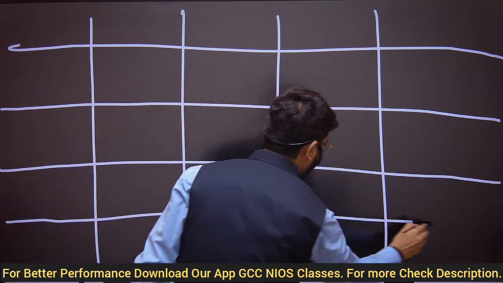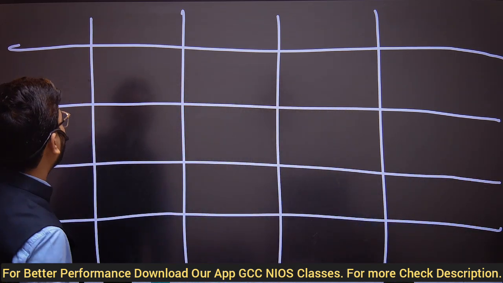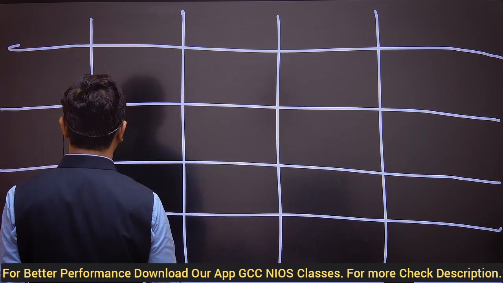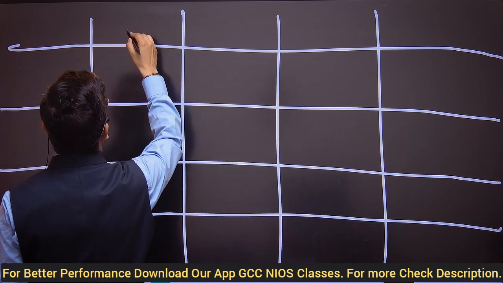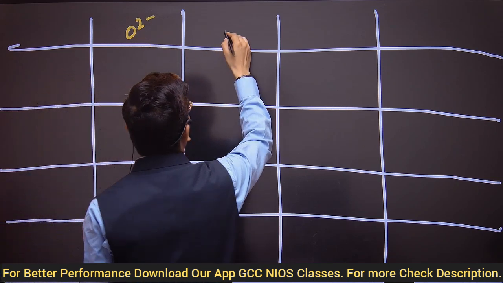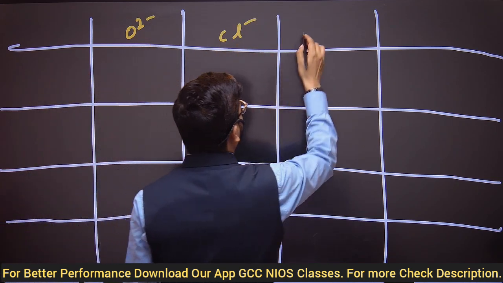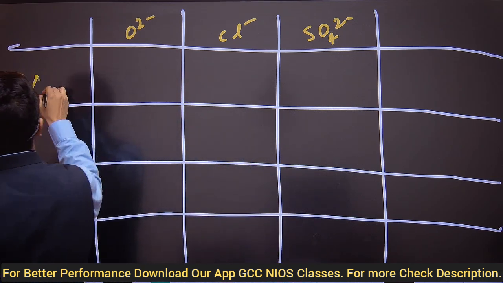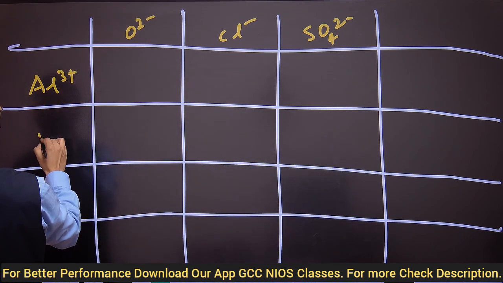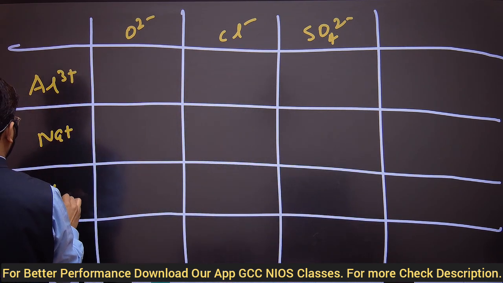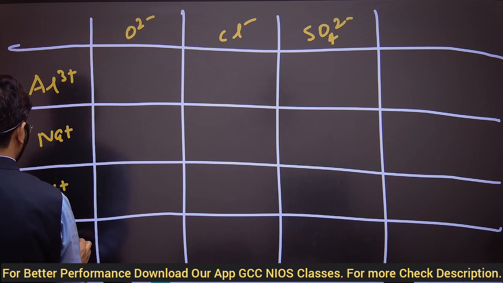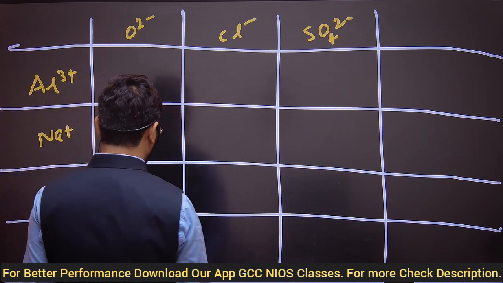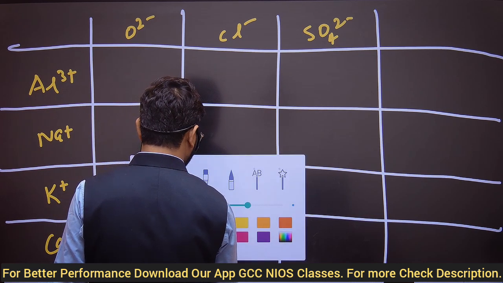Okay, so in this case it's right. Let's suppose here the negative ions are O2 minus, Cl minus, SO4 2 minus, right? And here are written Al3 plus, Na plus, whatever you like. They combine to make the molecular formulas like this.